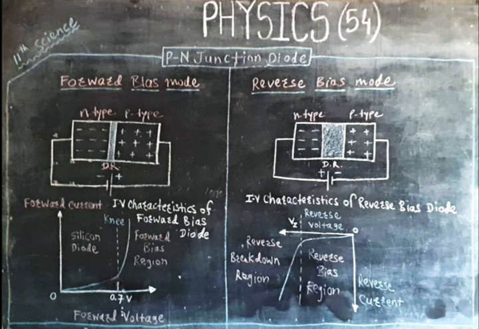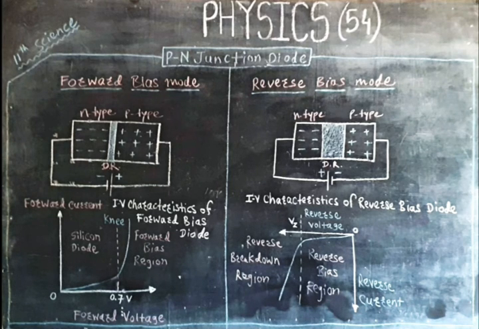When the depletion region increases, no current should flow through the diode, but practically a very small amount of leakage current flows through this circuit, of the order of 10 raised to minus 6 ampere. That means a few microamperes of current is also flowing through this diode.